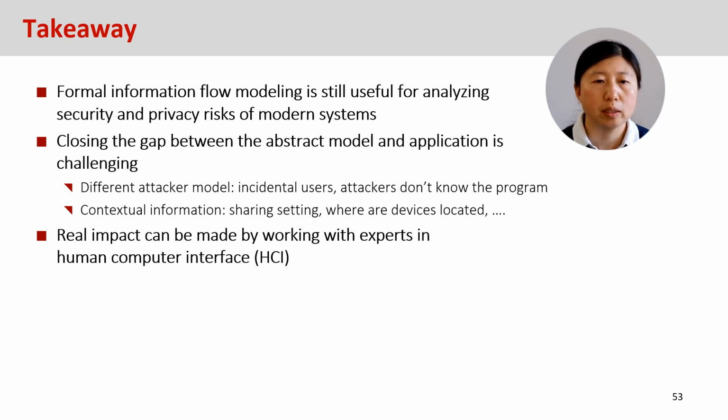This kind of information collection is extremely difficult for an automated analysis tool. We're still hopeful that we can make real impact by applying formal modeling to analyzing real systems that can actually eventually help the user. This can only work if we work with experts in other fields like human-computer interaction.